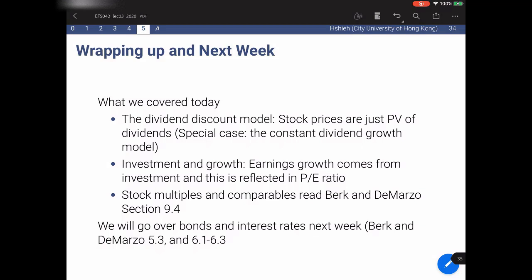And finally, we talked about stock multiples and comparables as a sanity check for our stock valuation models. Of course, we made a lot of strong assumptions, as you know, when we moved from the present value to the stock dividend growth model, and imposed further structure on the growth path of dividends.